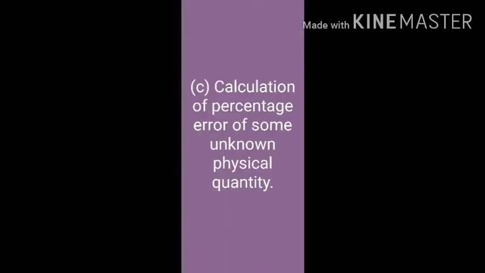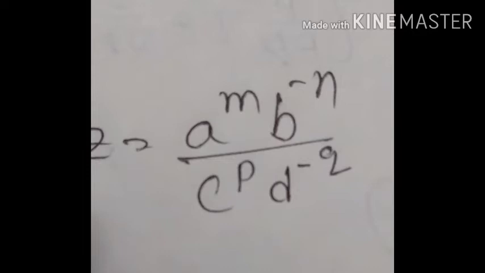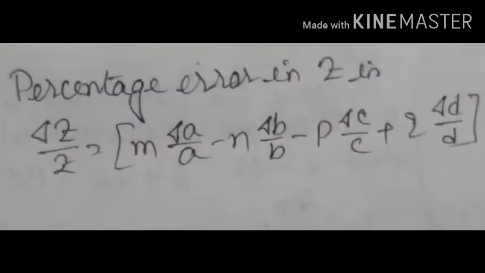Now, calculation of percentage error with some unknown physical quantity. Let us consider a physical quantity z is equal to a to the power m, b to the power minus n, c to the power p, d to the power minus q. We have to calculate the percentage error of this unknown quantity.